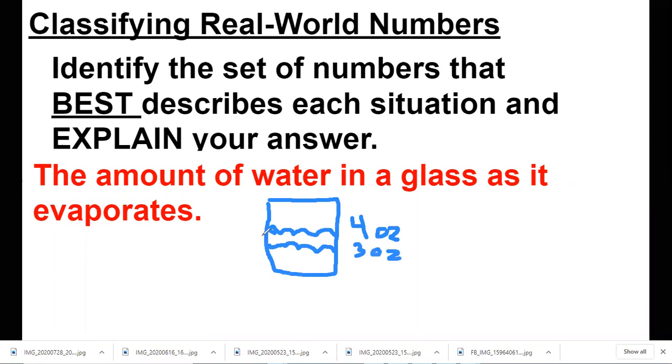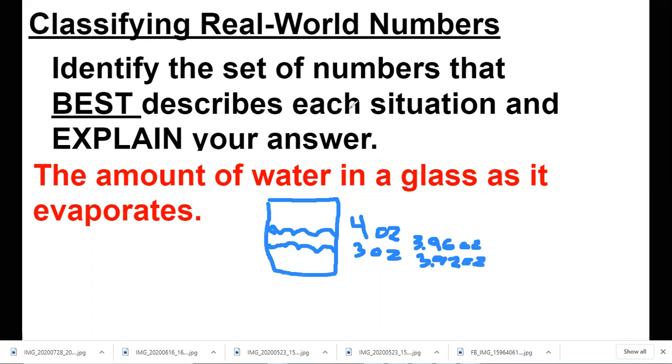So the next time, it could be 3.96 ounces, right? And the next time, it could be 3.92 ounces. We don't know, but basically, it could be any one of those numbers in between on the number line.